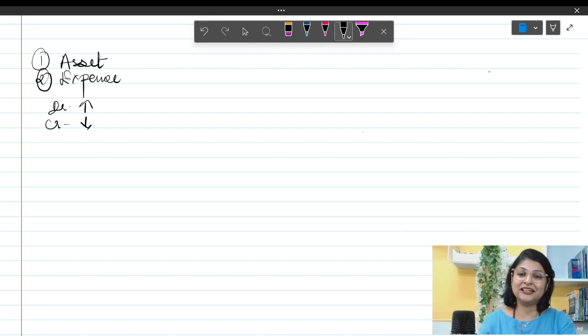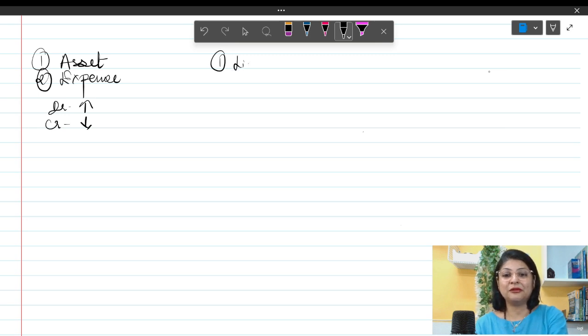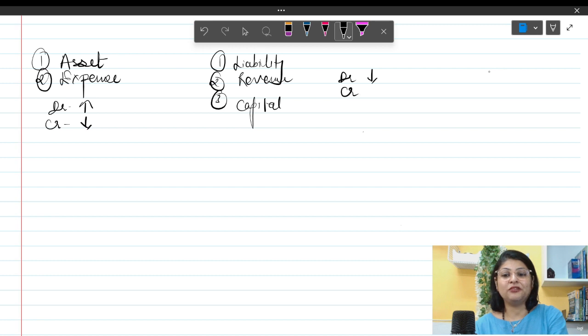On the other hand, if an asset is being sold, it will be credited, and expense reducing will be credited. In the second group, we had 3 types of accounts: liability account, revenue account, and obviously capital account also comes under this category. So here the rule was debit the decrease and credit the increase. This way we had understood.